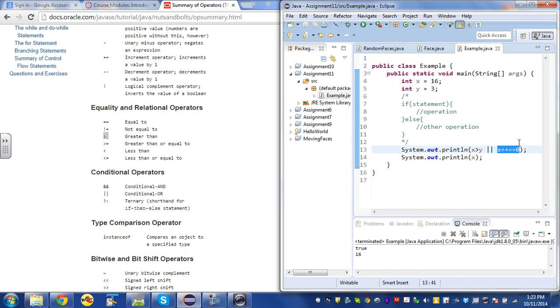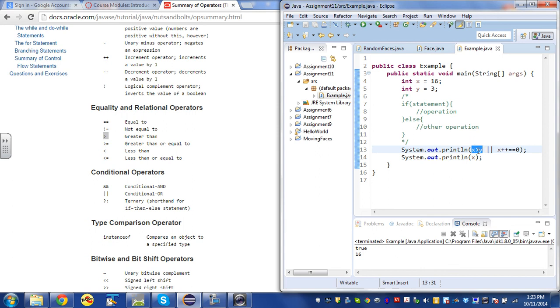Why not? Because Java first evaluates the thing on the left. That evaluates to true, and then it sees an or. It says, well, if either the thing on the left or right is true, then the whole thing is true. I don't have to bother evaluating this one because I already know that the whole thing is true. Okay?